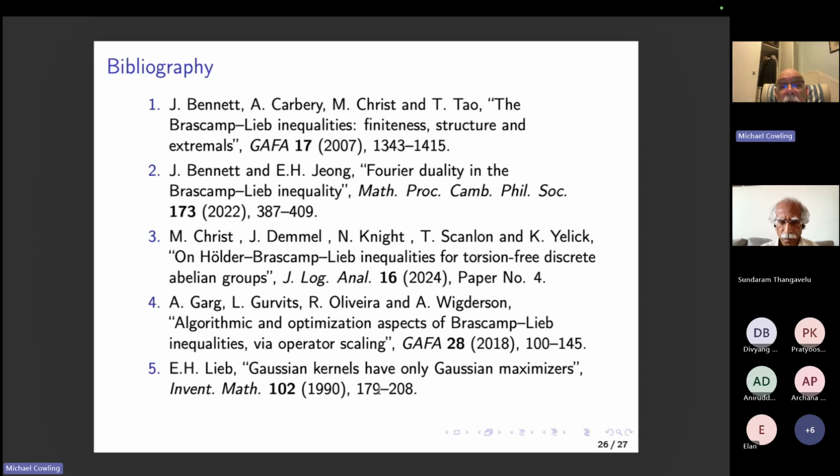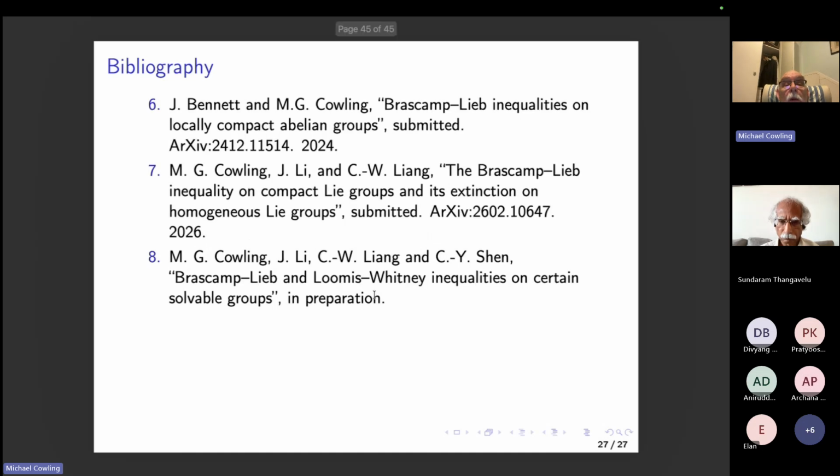Here's the paper by Lieb that says that we can calculate these. And now we've got some submitted papers. So this is a paper by Jon Bennett and myself, which is sorting out what happens for locally compact abelian groups. And here are two other papers.